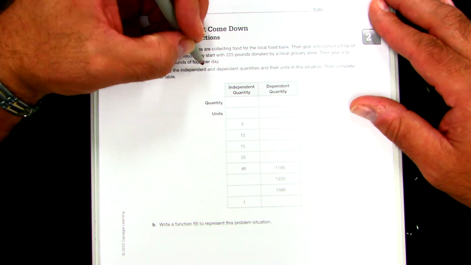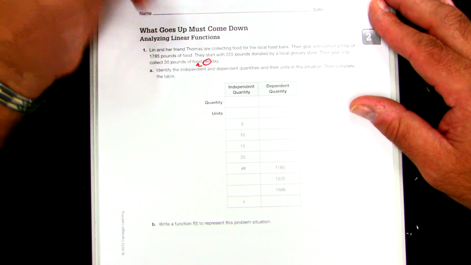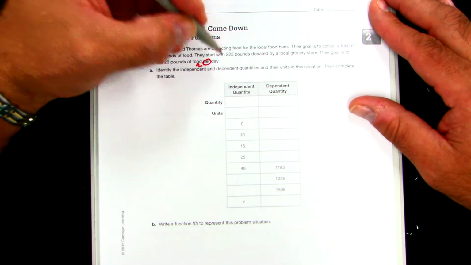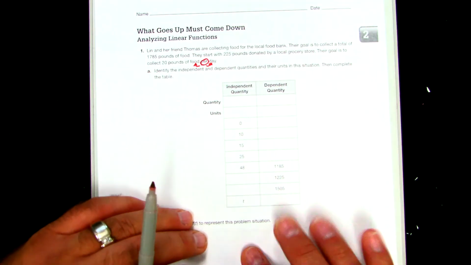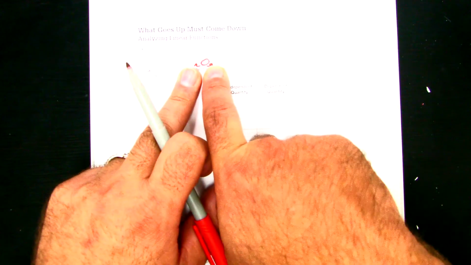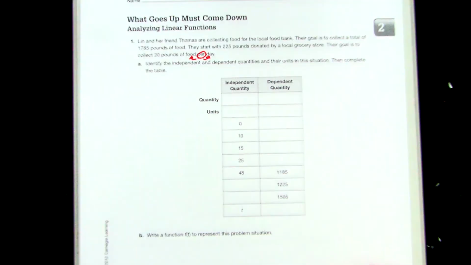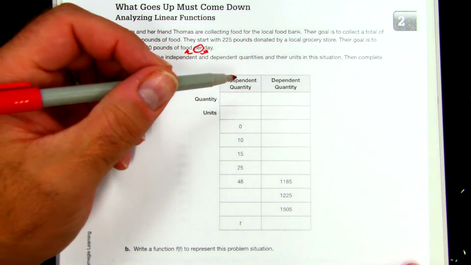There it is, per. Circle it. This is my dependent. This is my independent. The problem is, most of the time, these are my units, and I don't need the units. I need the quantities.